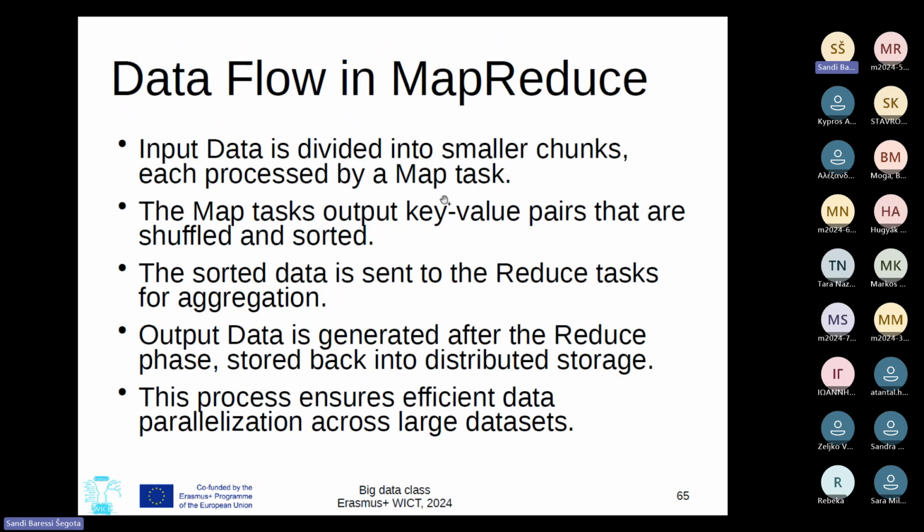Another example. Let's talk about how the data flows in the MapReduce algorithm. Essentially, whatever data set you have is split separately. It's mapped using that algorithm and then sorted and sent to the reduce task. Why is it sorted?